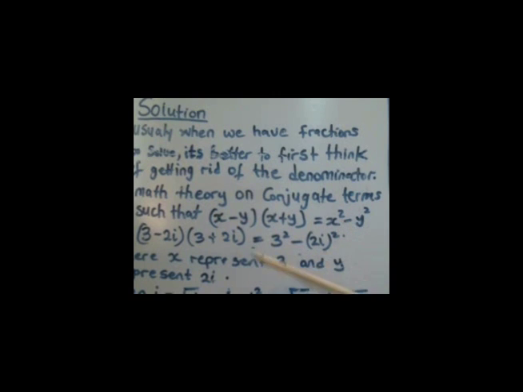So for example, 3 minus 2i bracket multiplied by 3 plus 2i bracket will be equal to 3 squared minus 2i squared, going by this conjugate theory. Here x represents the 3, and y represents the 2i.